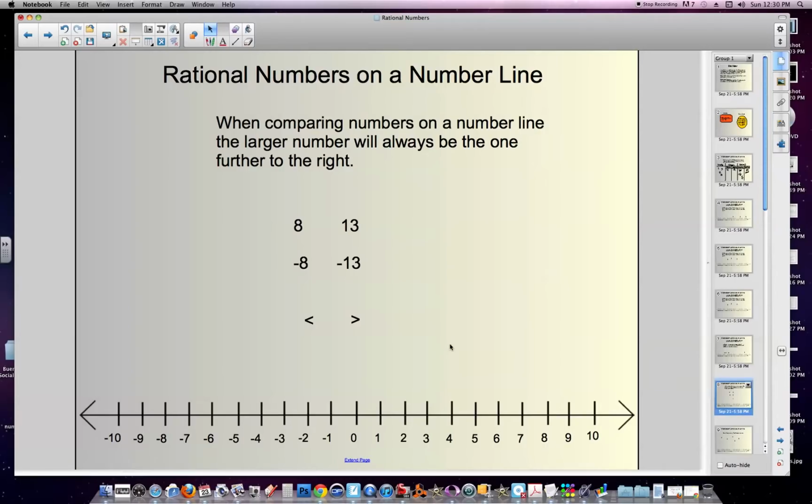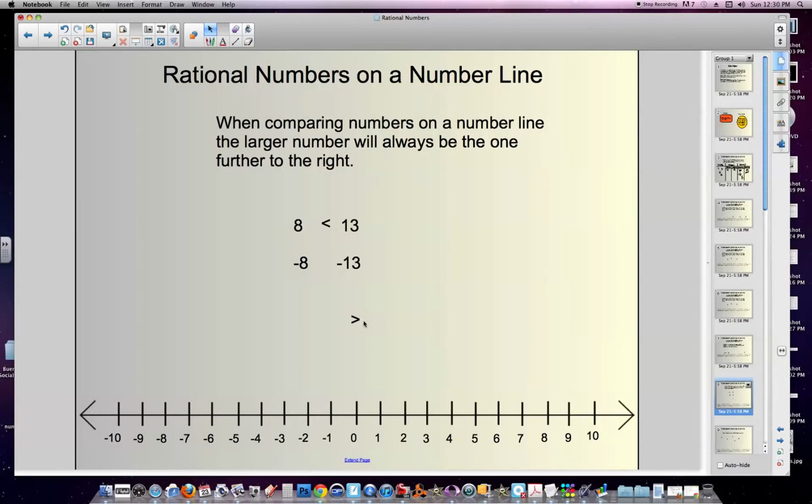This also is where we need to start talking about how we can compare the size. You see, numbers get bigger as they move to the right on the number line, period. Therefore, 13 is further to the right, it'd be over here, than 8 is. And so that means that 13 is bigger than 8.